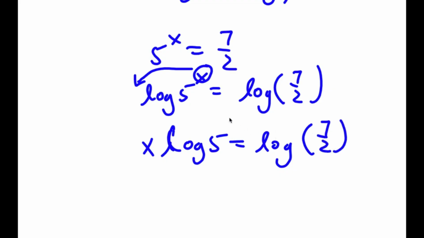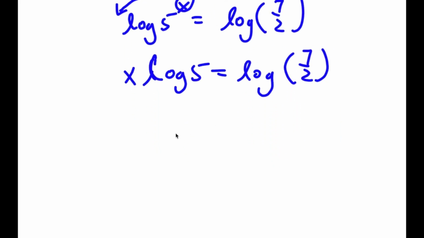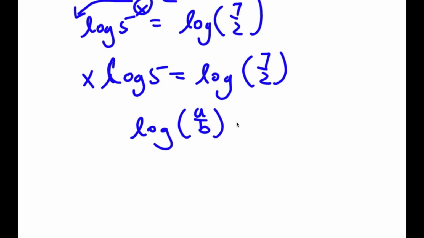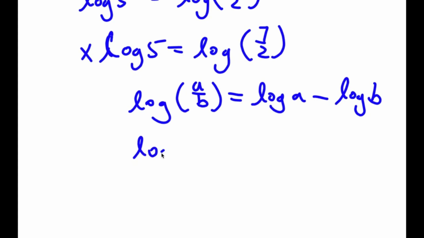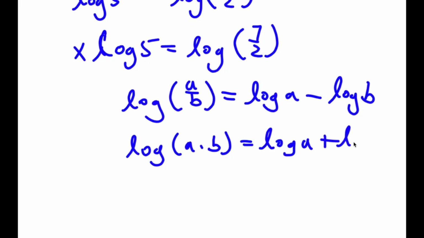Now, if I have something in the form log a over b, another important property of logarithms, this is equal to log a minus log b. And also, if I had something in the form log a times b, this would equal log a plus log b.